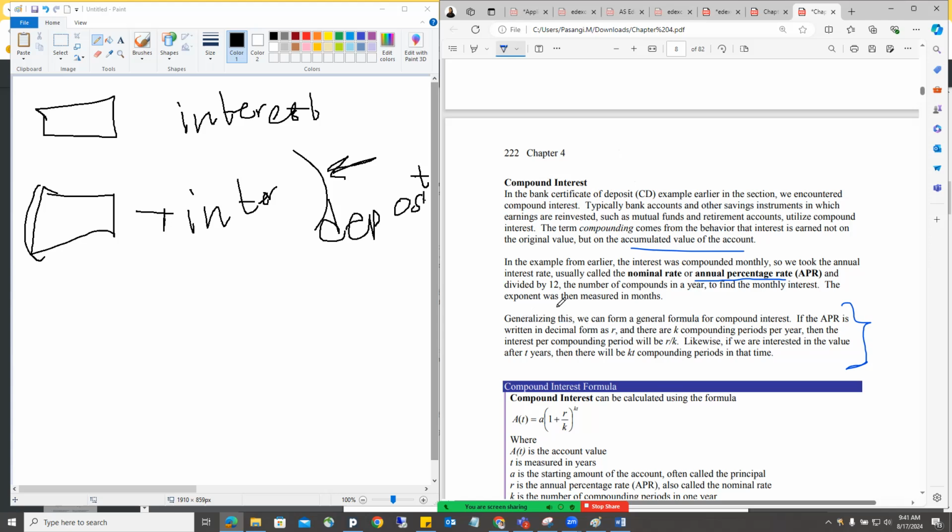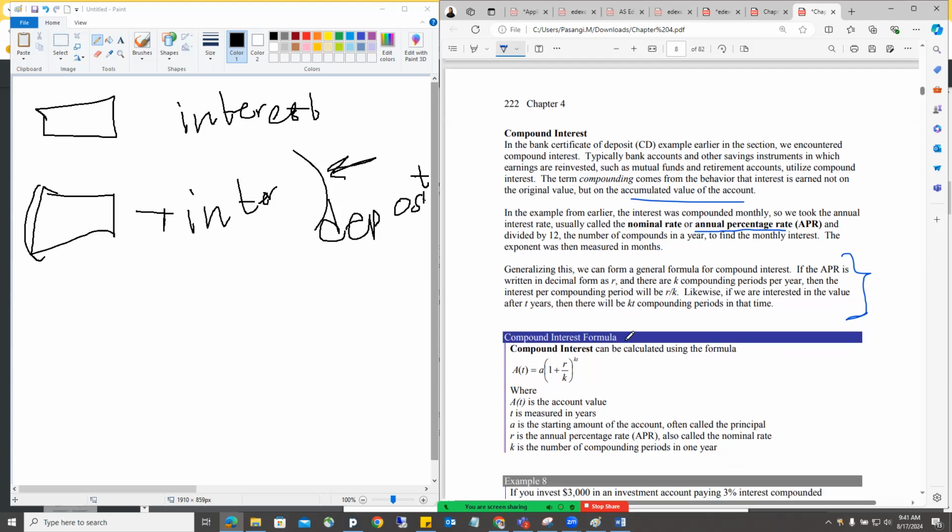If the APR, the annual percentage rate, is written in decimal form as R, and there are K compounding periods per year, then the interest per compounding period will be calculated by R divided by K.